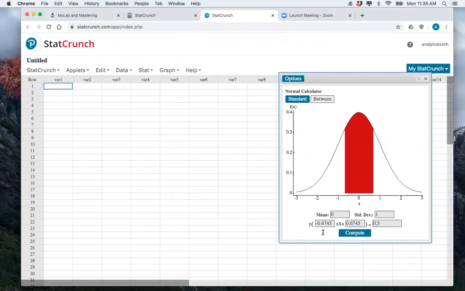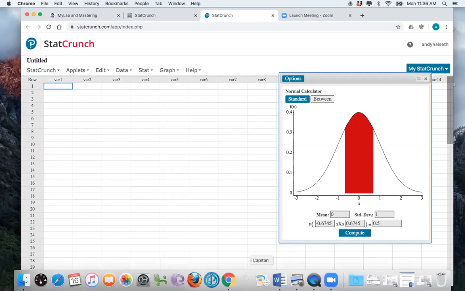And I'm getting negative 0.6745 and 0.6745, all right? So I'm writing that down. 6745, I feel pretty good about that. So let's go back to the handout and complete it.